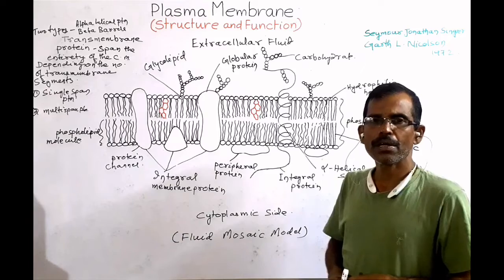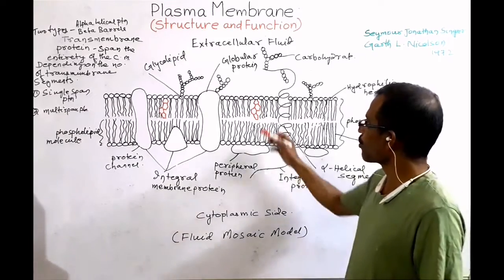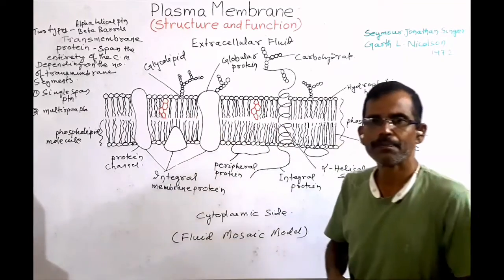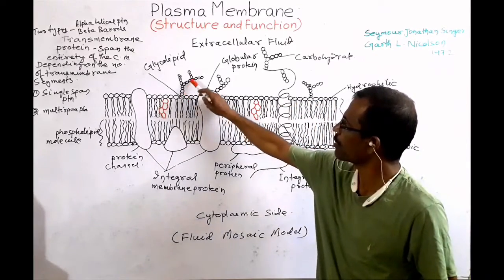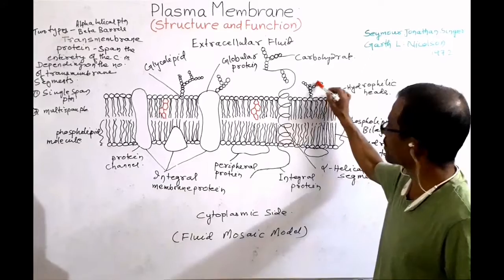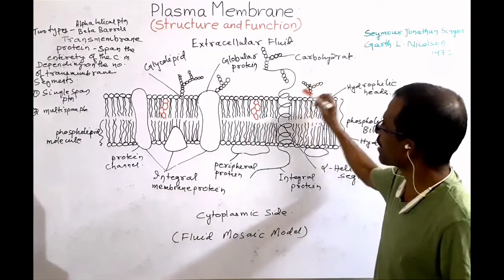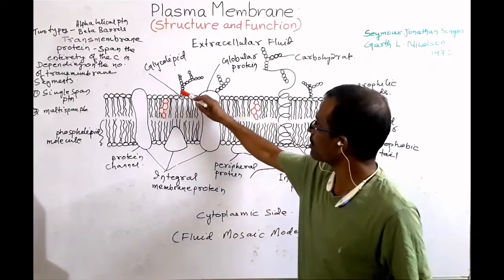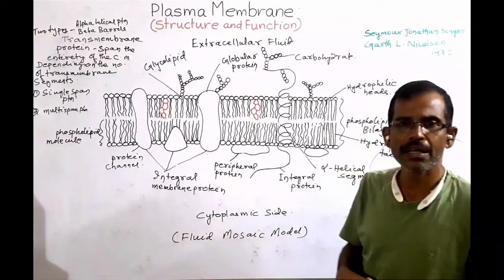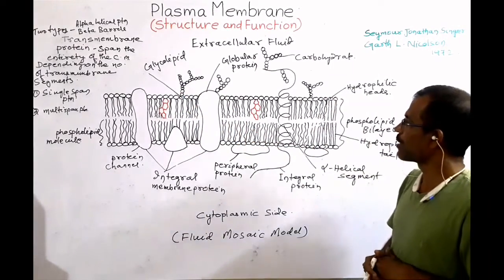For example, in animal cell membrane, cholesterol is present, and some of the lipid molecules are also associated with carbohydrate. These are the oligosaccharide chains, and such lipids which are associated with carbohydrate are called glycolipids.